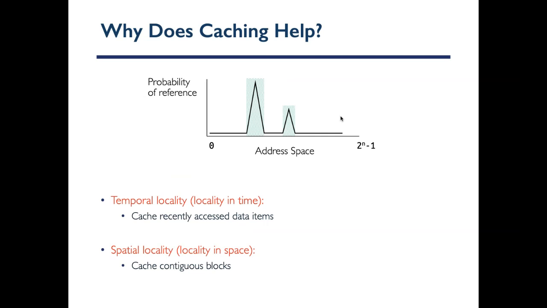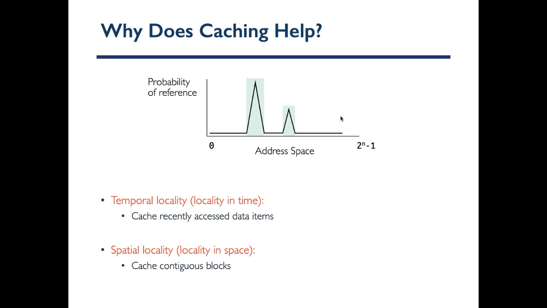So any location close enough to the location that I just accessed, there's a high probability that I might access them. Let's say you're going through an array of characters or ints or whatever you have, or a linked list. If they are all assigned contiguous virtual addresses, if you access the first entity, there is a high chance that you're going to access the second entity.